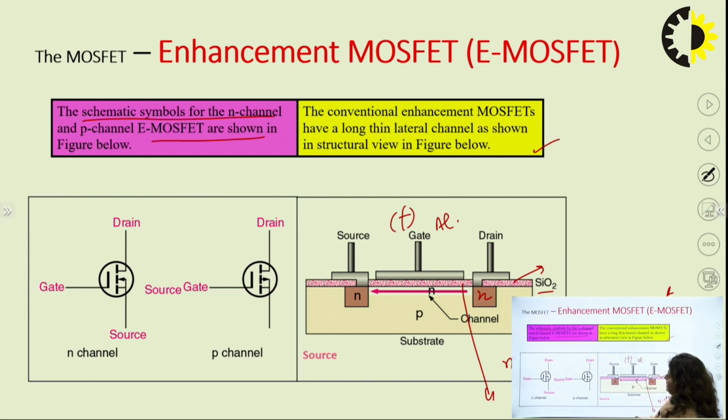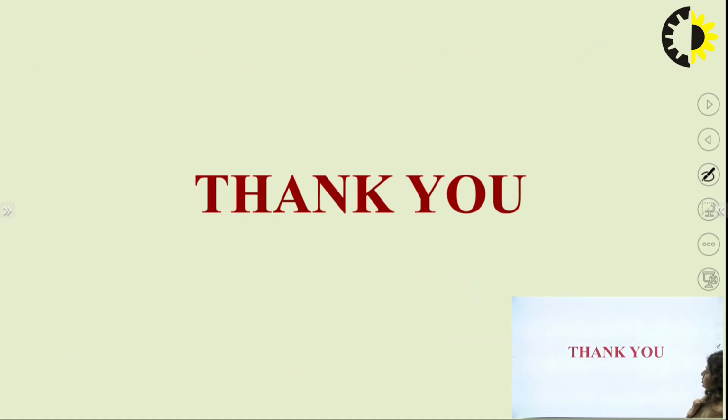On the other hand, in the enhancement type, we have to enhance the channel. That's why we apply positive voltage at the gate, more electrons get attracted toward the gate, and they form the N type channel. It is the enhancement MOSFET.